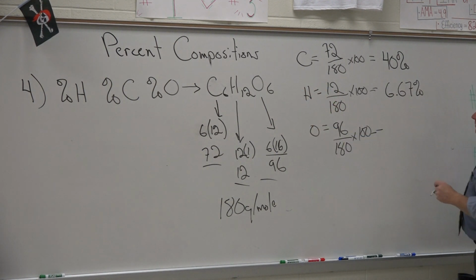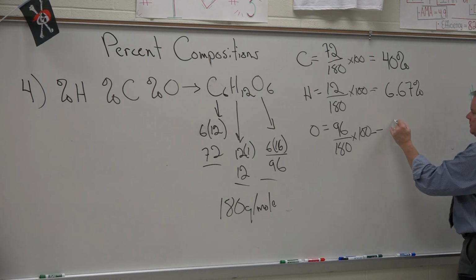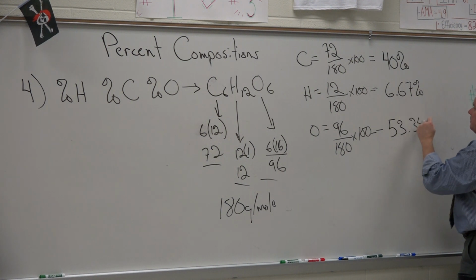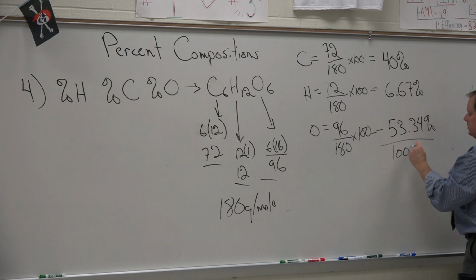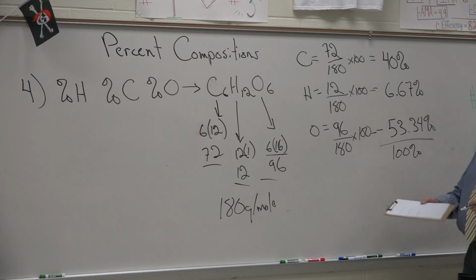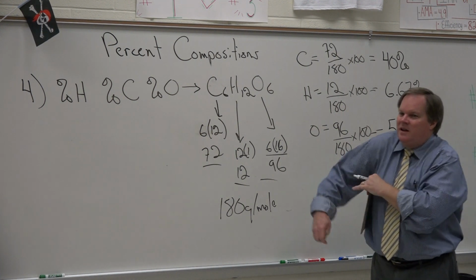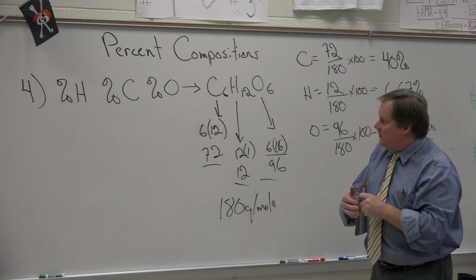And then finally, the heavyweight, oxygen, is about 53.34%. And we can look at that and see that it is again 100%. Oxygen is the heavyweight champion of glucose.